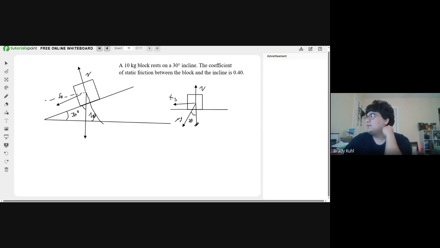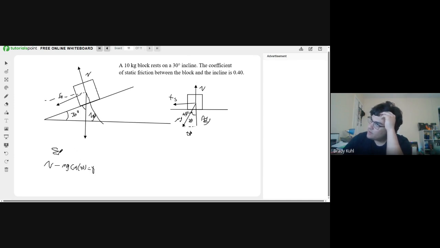So now we have the x coordinate and the y coordinate. Now you have N minus mg cosine of 30 degrees equals 0.